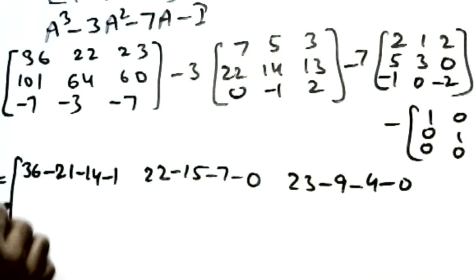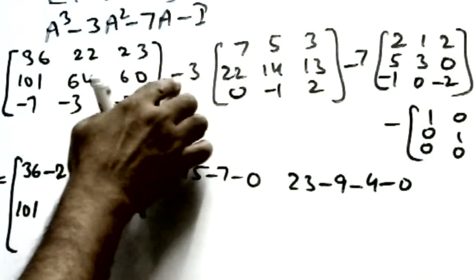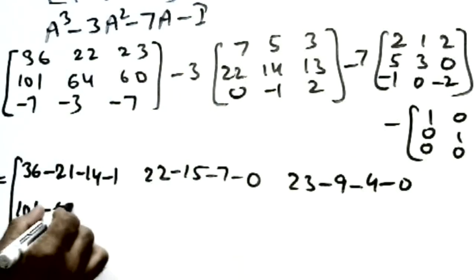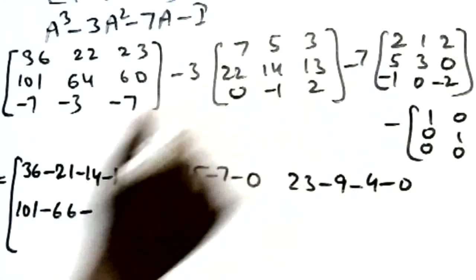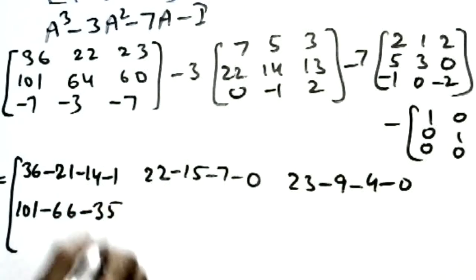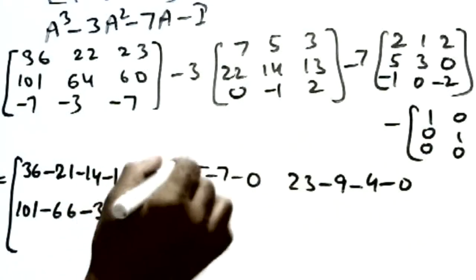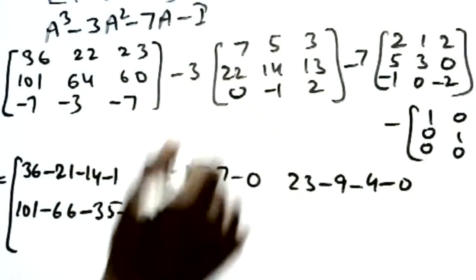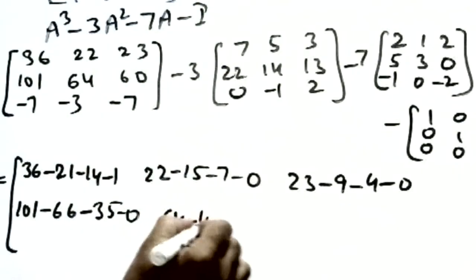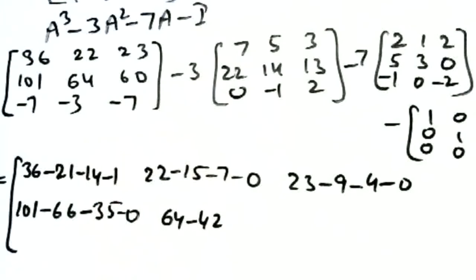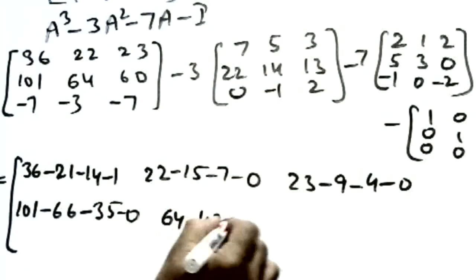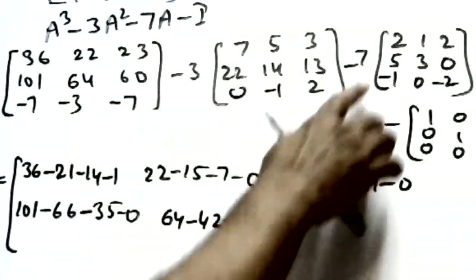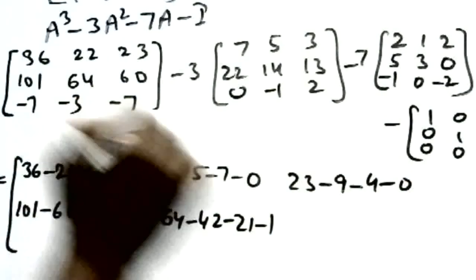Now come here for the next row: 101, minus 3 into 22 is 66, minus 7 5s are 35, and this is minus 0. Now here 64, minus into plus, minus 42, 3 into 14 is 42. Now here minus 7 3s are 21, minus 1.